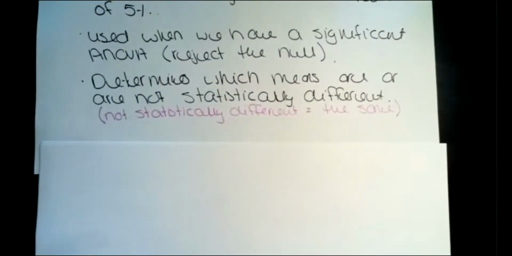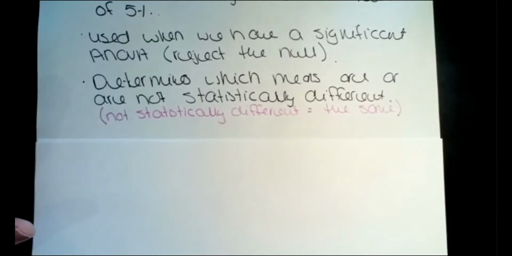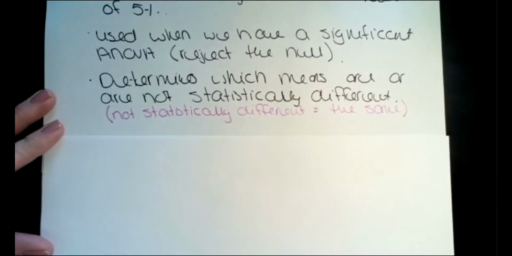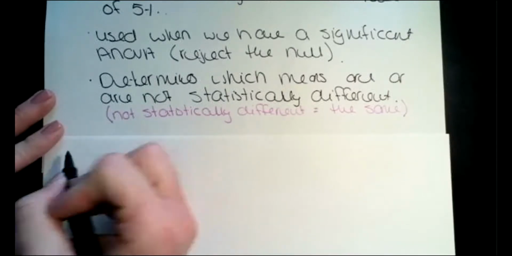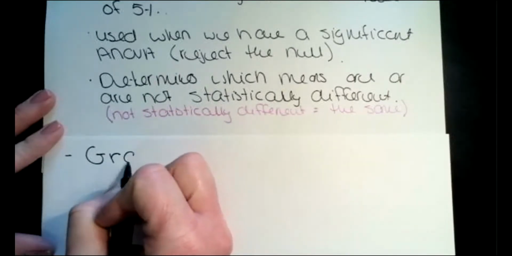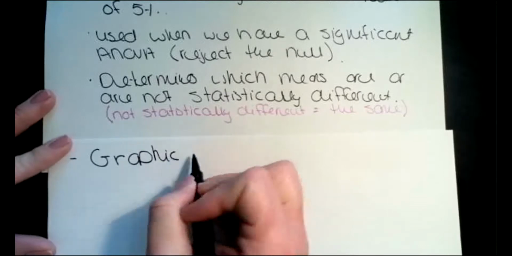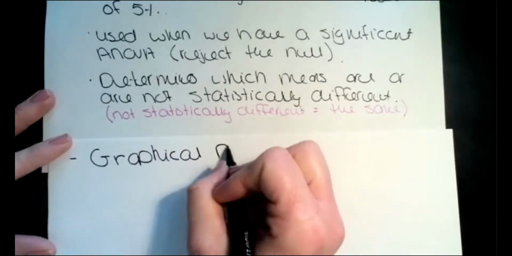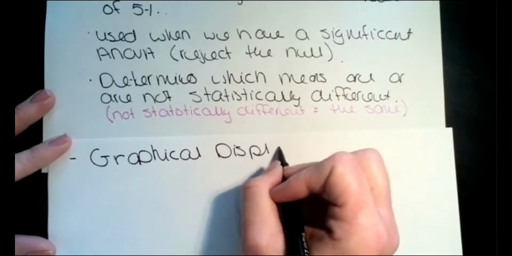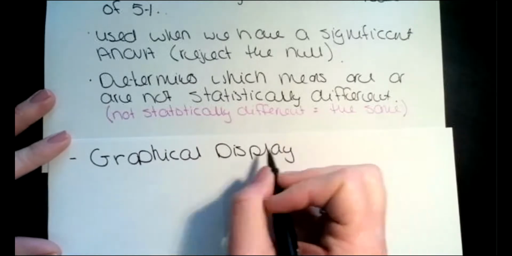So let's talk about this graphical display, and we're going to get into our testing process and everything here in a minute, but let's talk about this graphical display. If you remember last class, I mentioned this and we started with it. This graphical display is just that display of my ranked means.